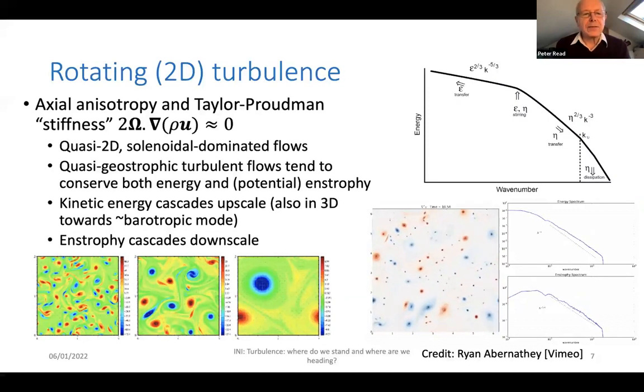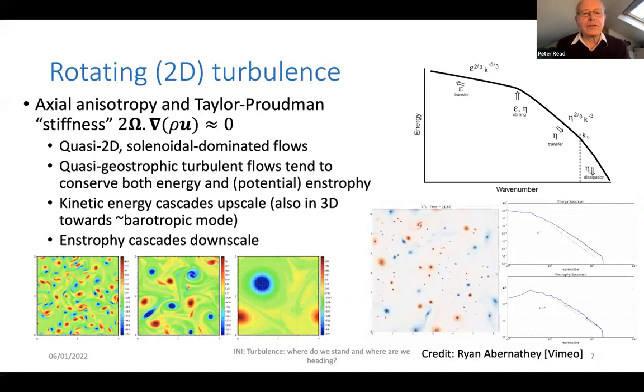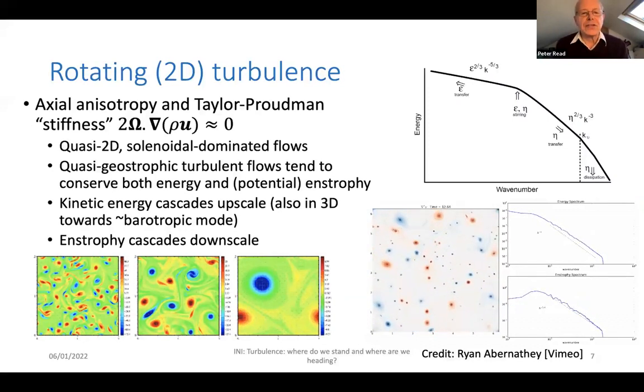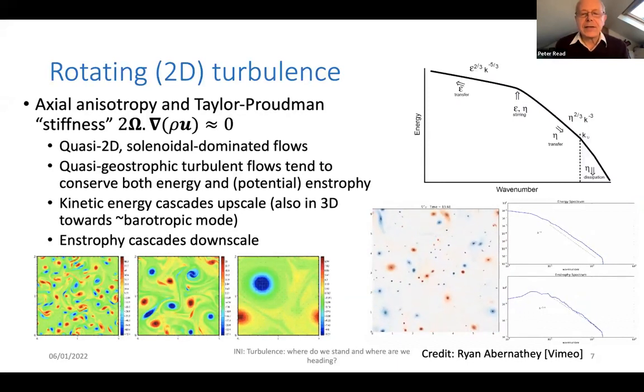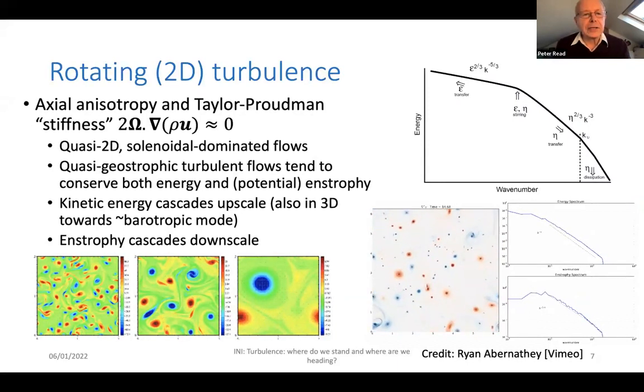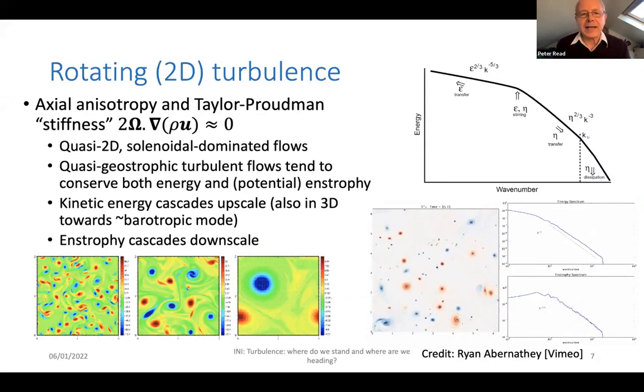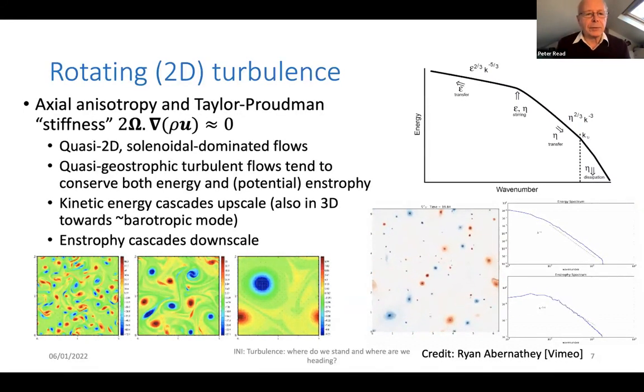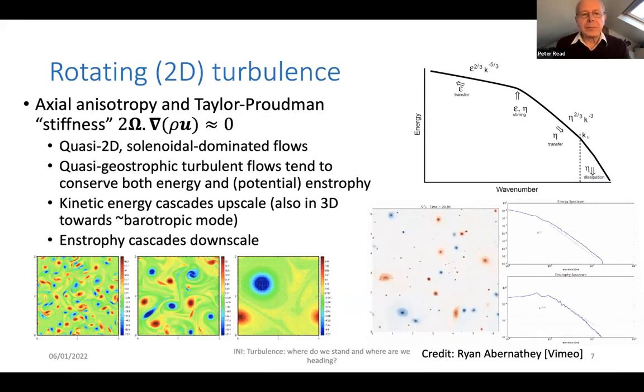So, as I say, the strong rotation can induce this effect that flow becomes coherent along the axis of rotation, and this therefore makes the flow behave as if it were somewhat like a 2D fluid. It's dominated by solenoidal flows, vortical flows, and that changes the conservation properties.